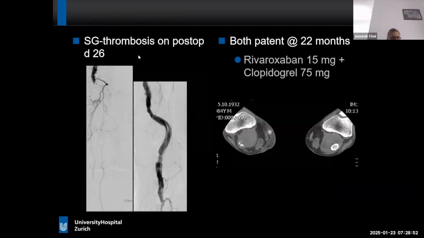However, the stent graft rethrombosed day 26 after its placement. We did aspiration thrombectomy and put him on anticoagulation, anti-aggregation with rivaroxaban and clopidogrel, and at 22 months you can see here, as well as the bypass here, as well as the stent graft are patent.